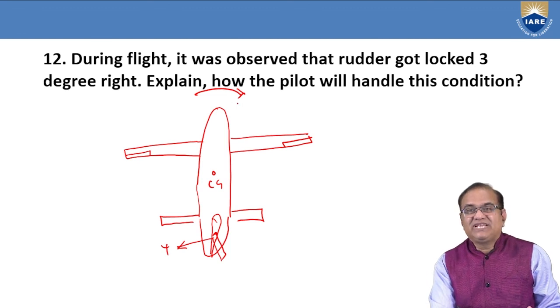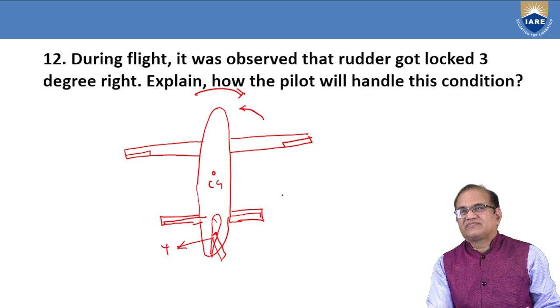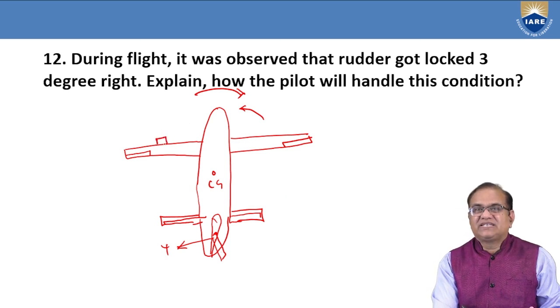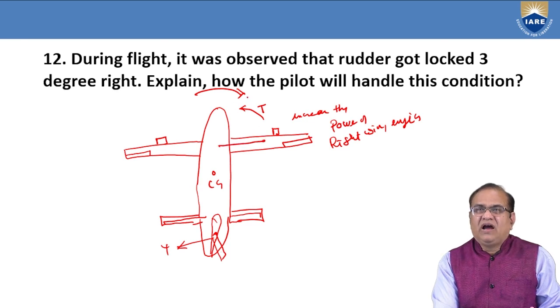If it is moving in this direction, can we change the elevator here or anything else? How can we counter like this? If there is an engine, and we increase the power of the right wing engine, this will give an additional moment, and this will counter the yaw.